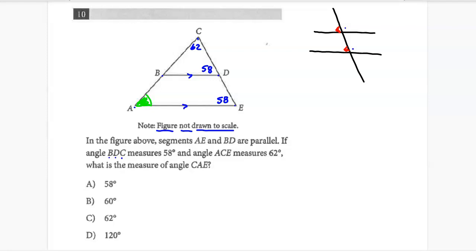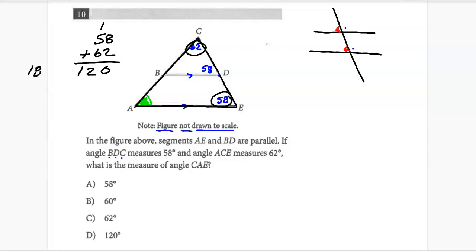Now I'm just going to use the fact that this big triangle should add up to 180. Right now I have two of the three angles. 58 plus 62 is 120. If all triangles have to add up to 180, we subtract what we have, and that means we need 60 degrees left. So the correct answer, B.